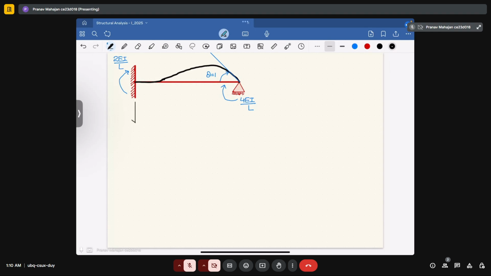So the anti-clockwise shear couple will be like this. It has the value equal to 6 EI upon L square. Okay, same on the other side, 6 EI upon L square.